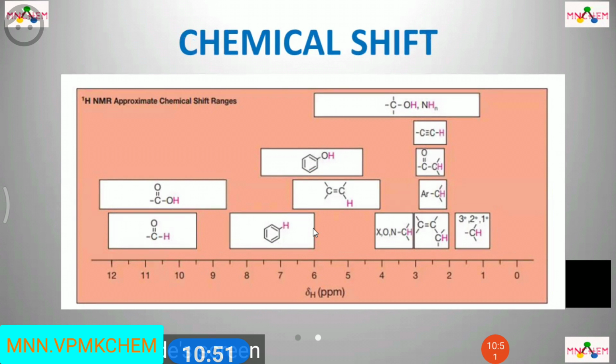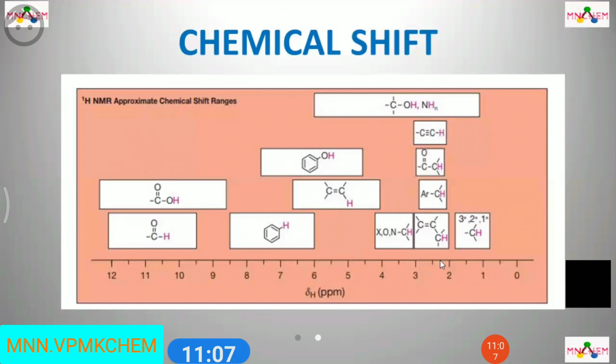These are a few representative shift values of commonly occurring protons. Between 1 to 2 we have aliphatic: primary, secondary, tertiary.